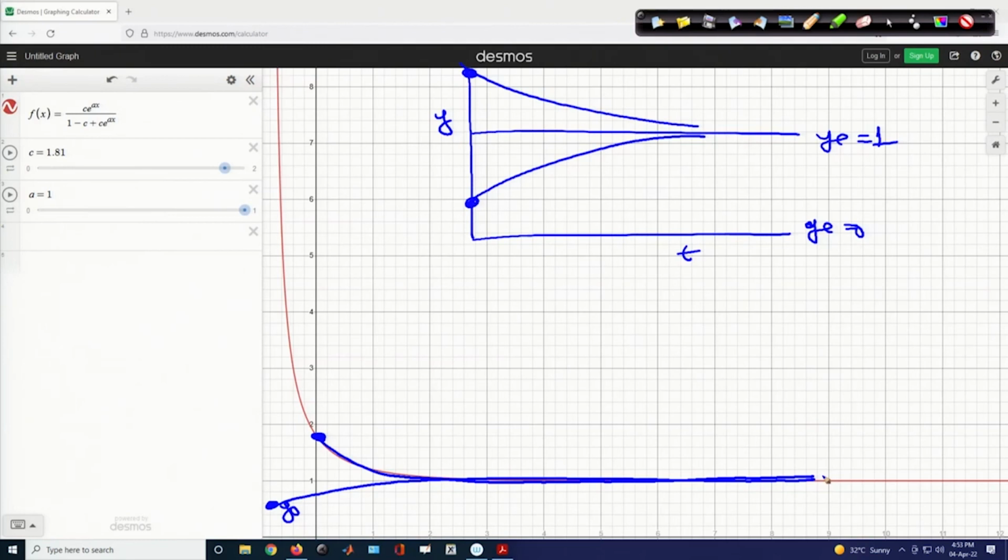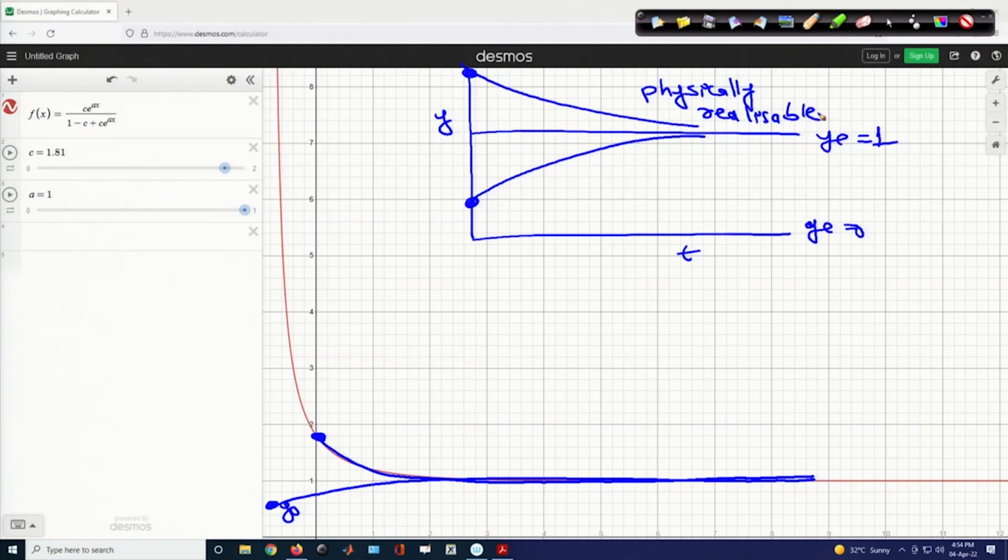Okay. So, this phase portrait which I drew for the physically realizable region in fact is absolutely correct.